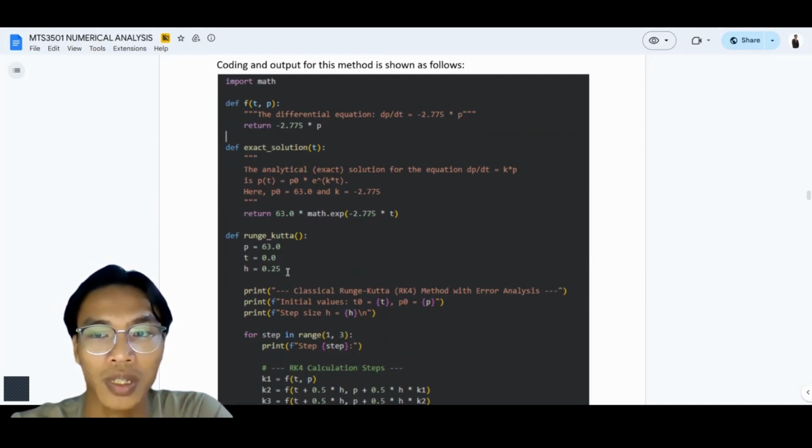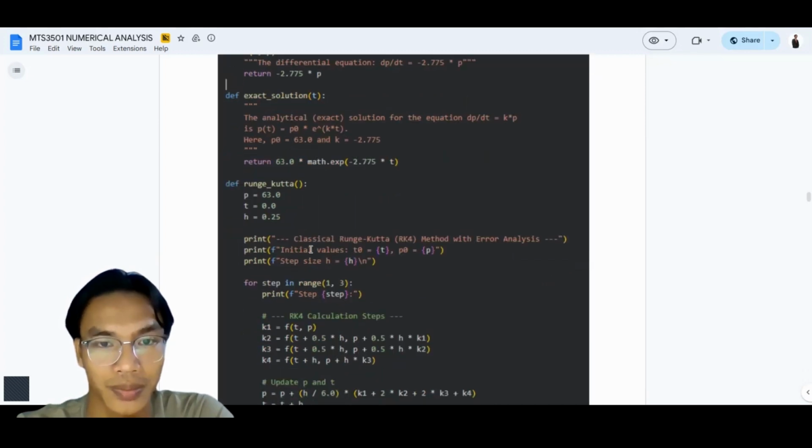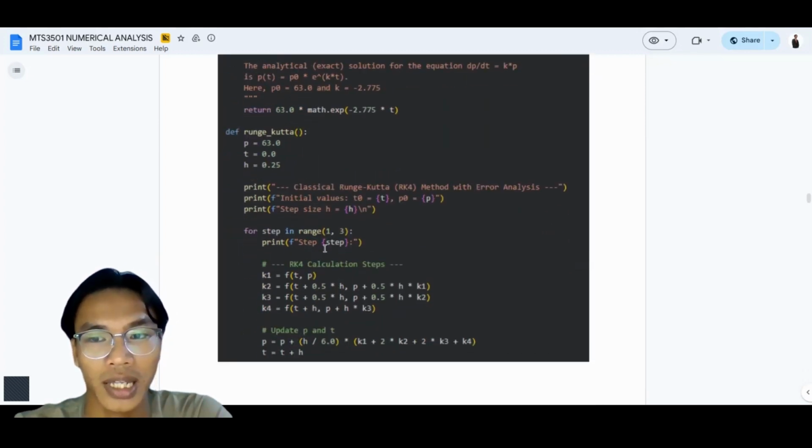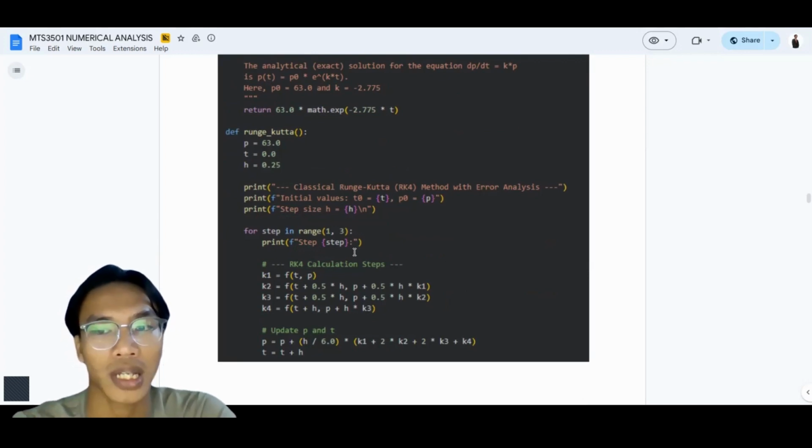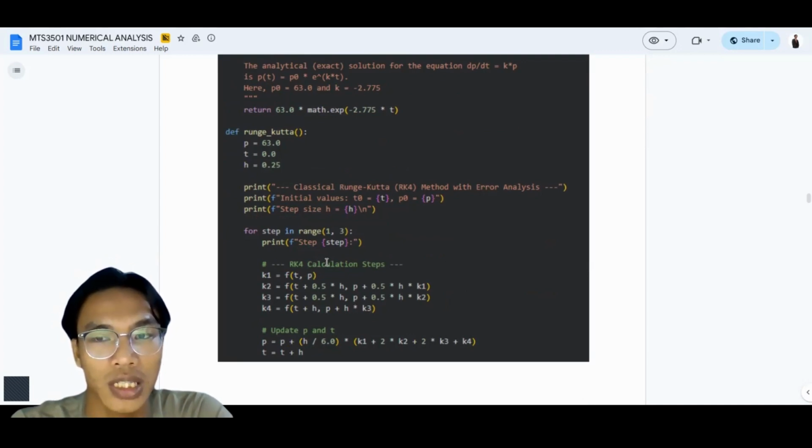This is crucial because it means our algorithm will predict the traffic flow in 15 minute intervals, 0.25 hours. The code then enters a loop using range 1, 3, meaning we are asking the computer to calculate two iterations specifically for this demonstration.